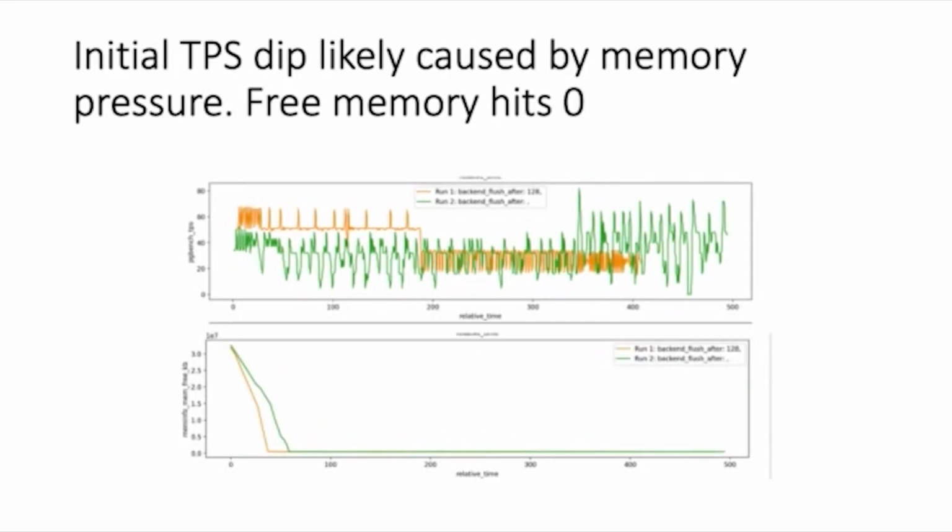And what I also wanted to do, this is kind of switching gears, but with the same benchmark runs with the same settings, is talk about dips. Before, I talked at a high level about what we see as a trend over the benchmark run. But here I wanted to say, okay, great, with backend flush after the TPS seems better, but there are still some dips and some things in the chart that are unexplained, right?